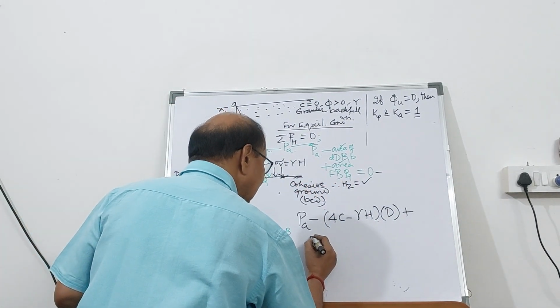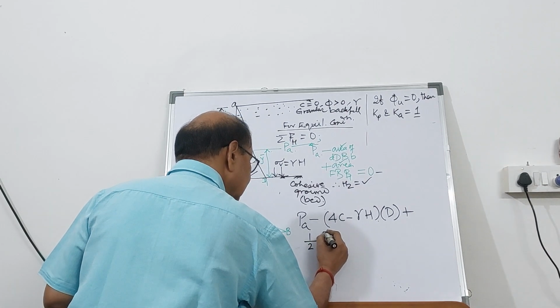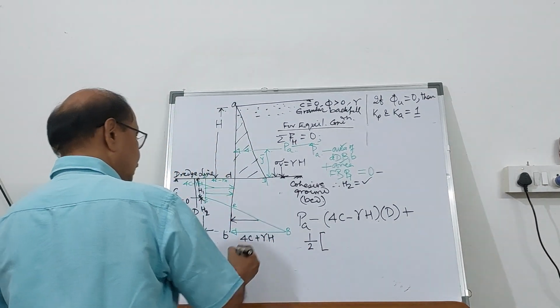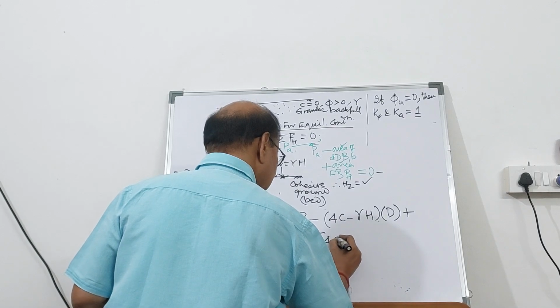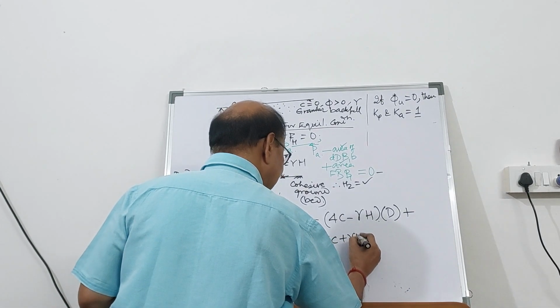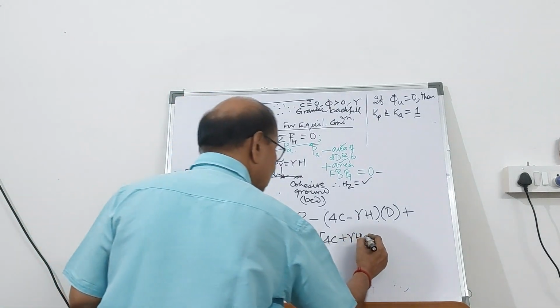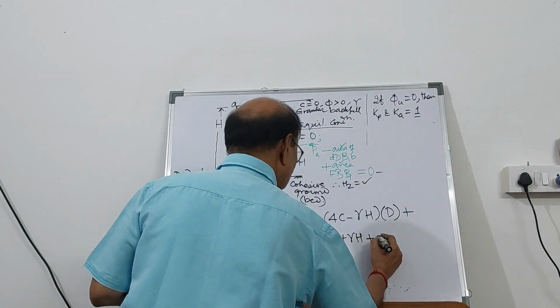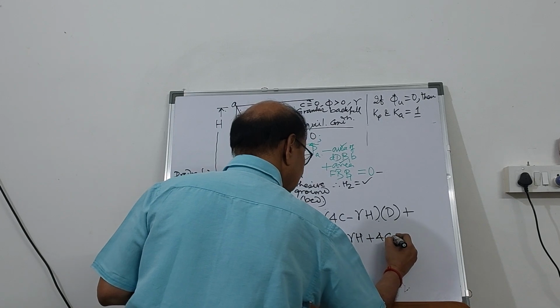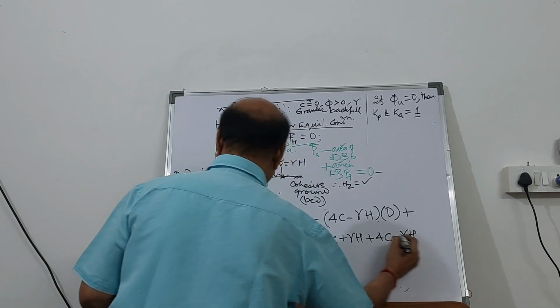That is half 4c plus gamma h, and this is going to be plus 4c minus gamma h.